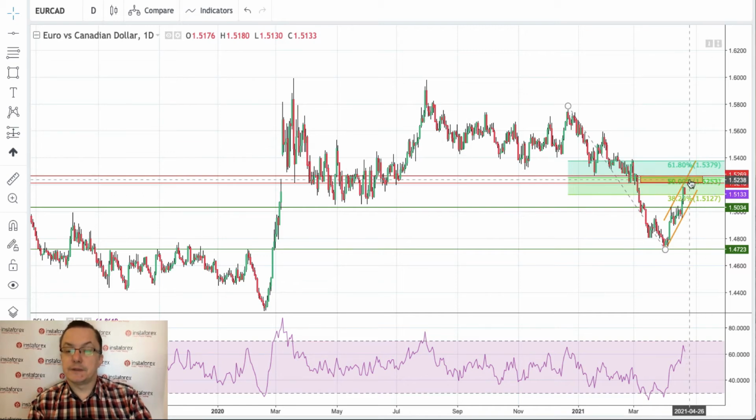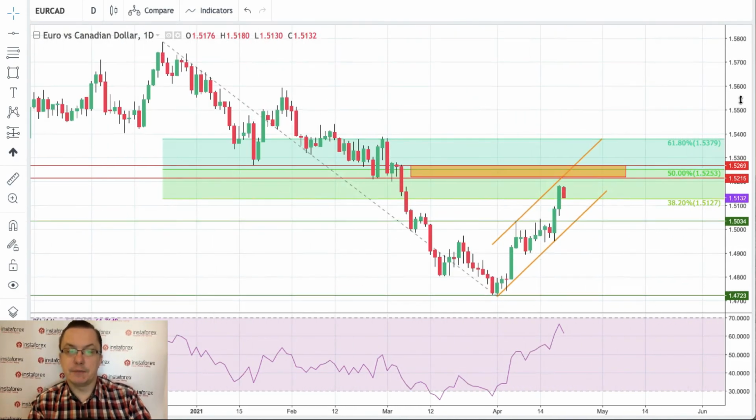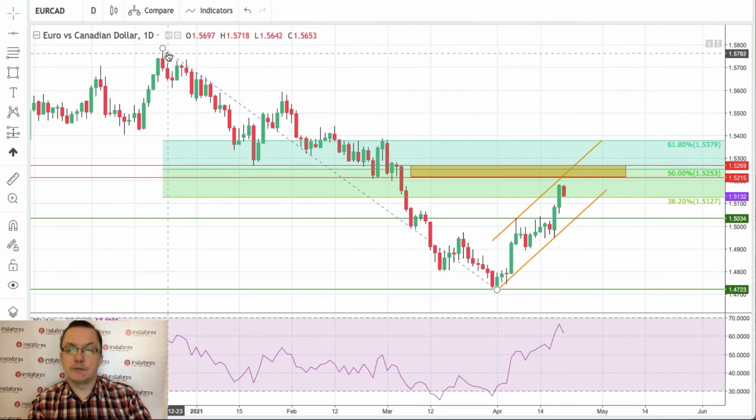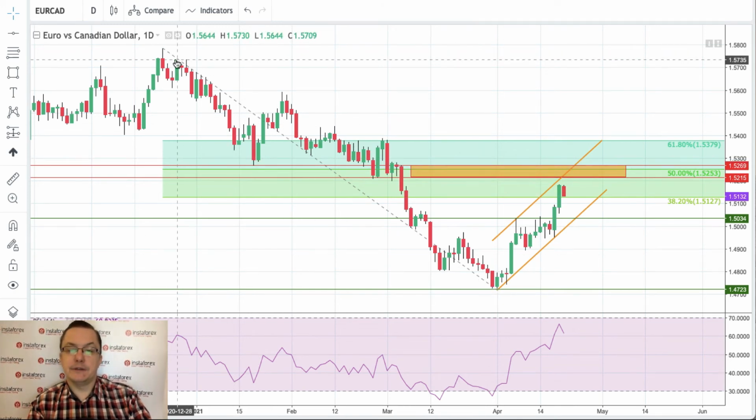This might be the first breakout to the upside. This might be the continuation of this very nice move from 1.42 to 1.59, almost 1.6. But so far we just retraced 38% of the recent wave down, and this wave down looks to me like it's made in three waves.